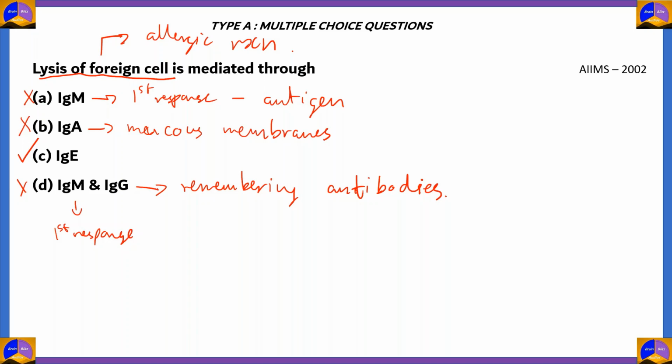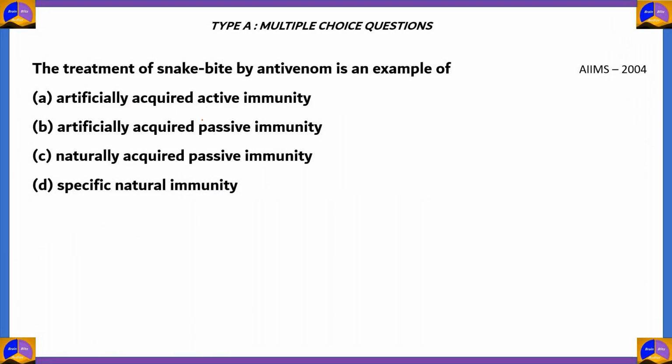So now let's move on to this question. The treatment of snakebite by antivenom is an example of. Let's look at our following options. Option D, specific natural immunity. So specific natural immunity is formed by the antibodies inside of our own body.